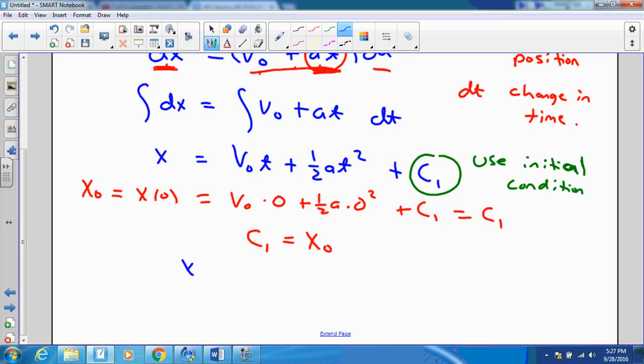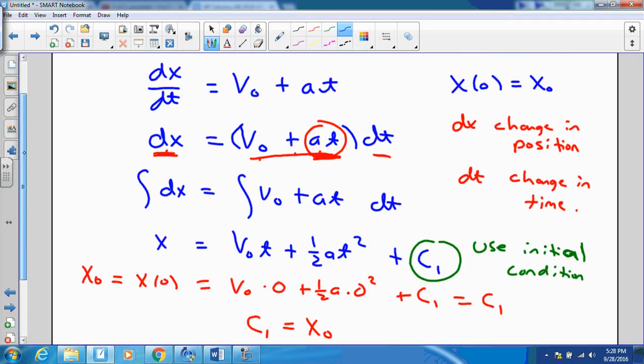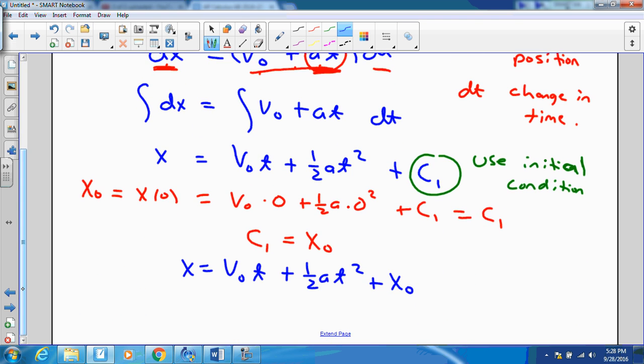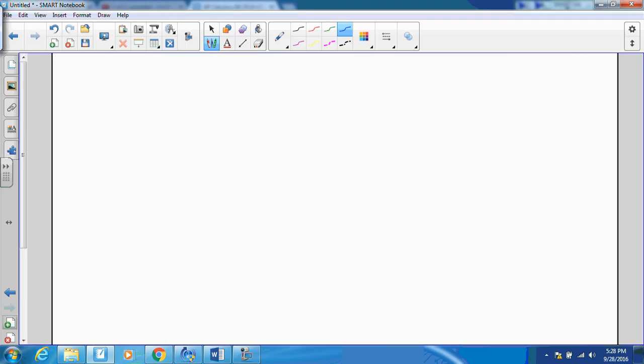So we conclude that c1 is equal to x0. Or in other words, x equals v0t plus 1/2 at squared plus the initial position x0. So, all of this is a long-winded way to say that when acceleration is constant, we necessarily arrive at the equations of motion that we know and love.